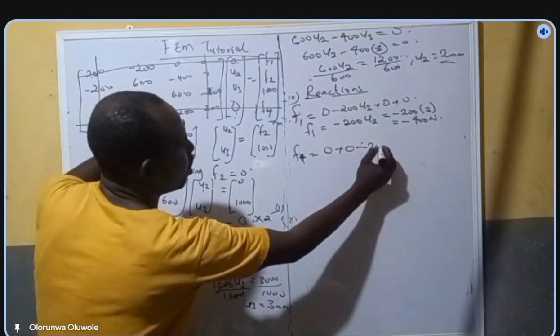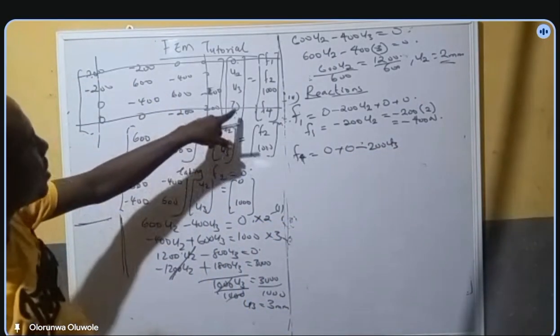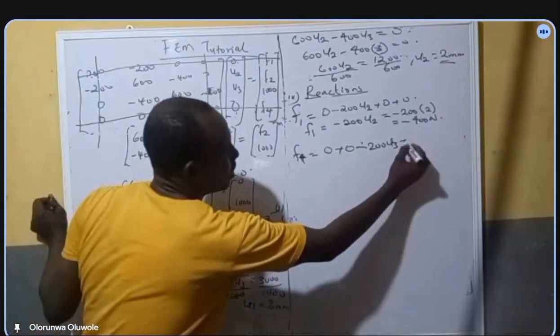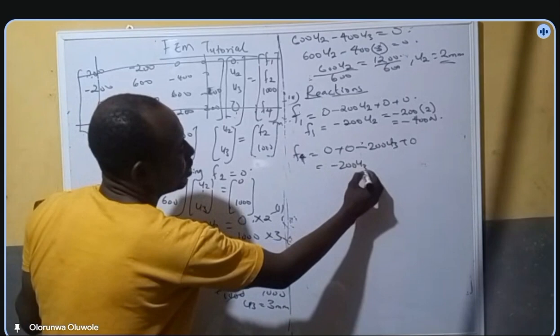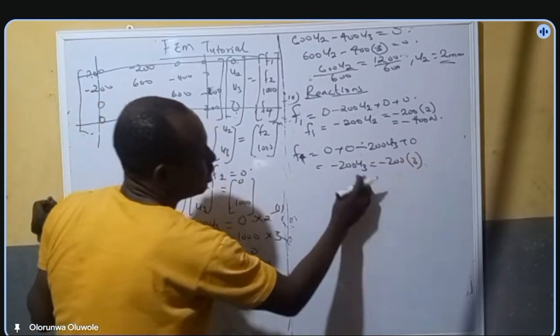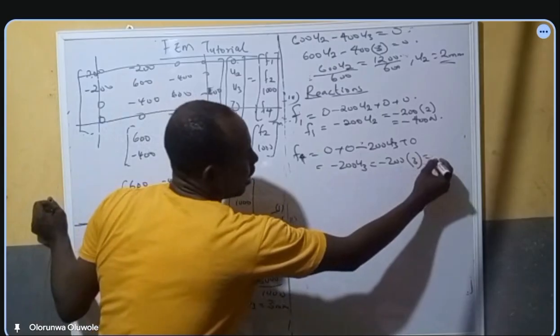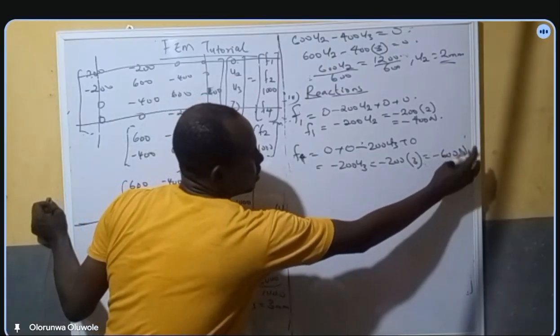That is minus 200 U3. Then 200 times 0 will give me a 0. So I'm left with minus 200 U3, which is minus 200 bracket 3. U3 is 3. So I now have minus 600 Newton.